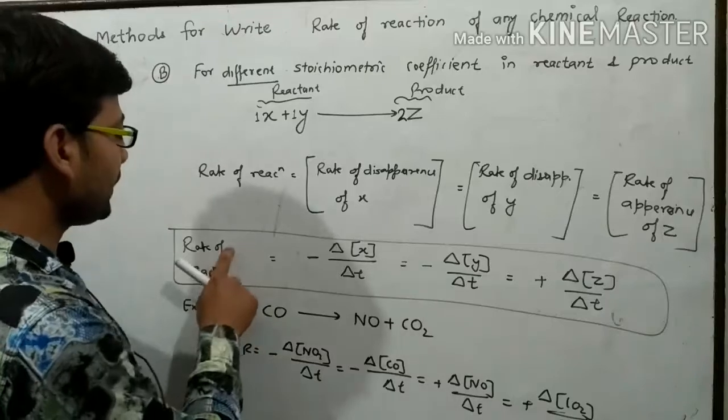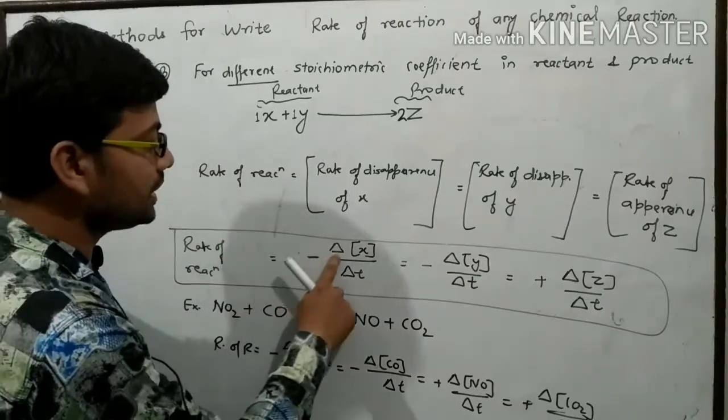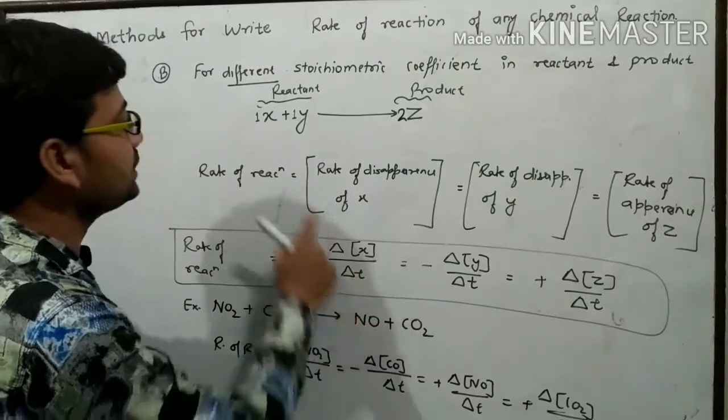Now, rate of reaction is equal to minus delta X upon delta T. Here is 1 mole only.